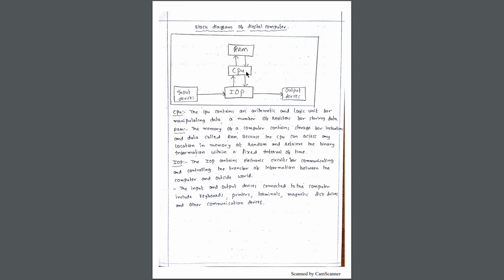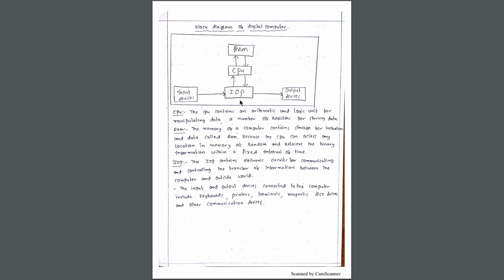That information will be sent to the CPU again, and the CPU will send it to the input output processor, and this input output processor will send it back to the output devices, like monitors. So I gave input through my mouse or through my keyboard.